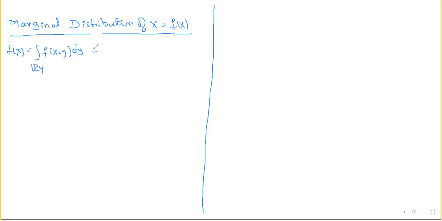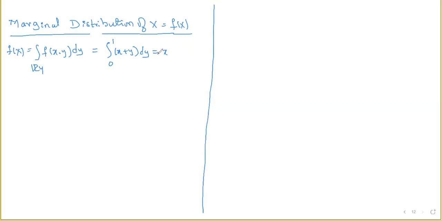So here this is nothing but integration x plus y dy. Range space of y is y less than 1. It means that less than 1 means minimum is 0. Why? Because minimum is 0, x lower limit is 0, and it is a combined function, that's why. So this is nothing but integration with respect to y here.